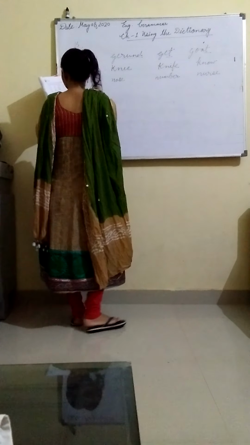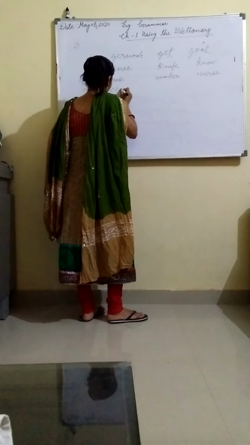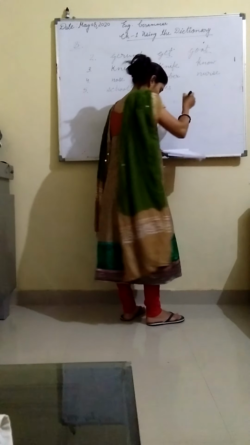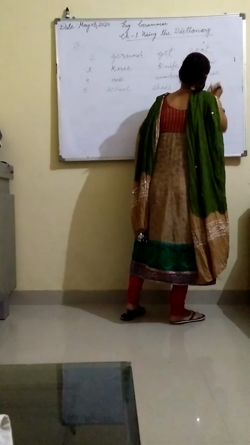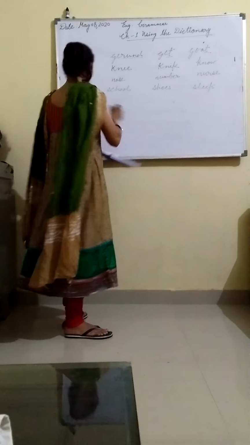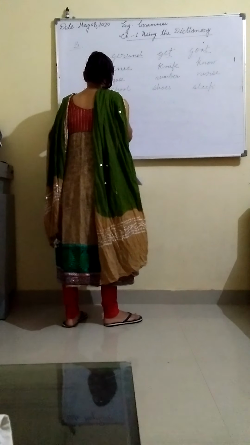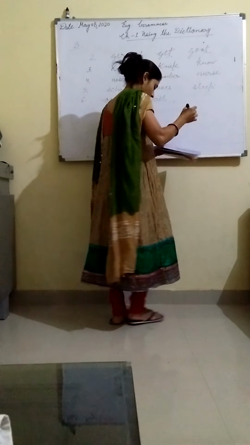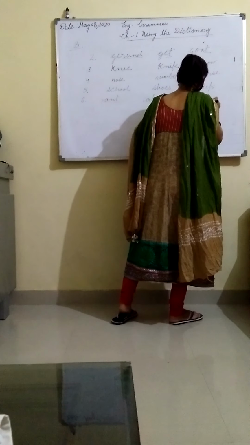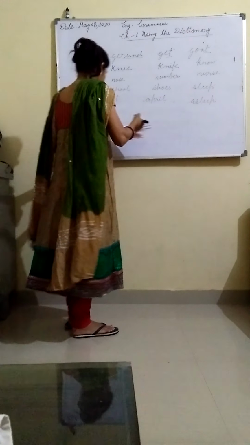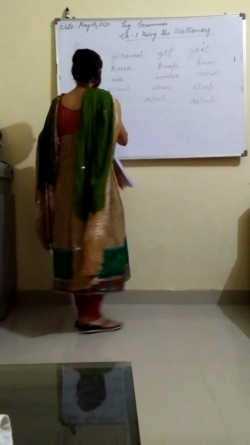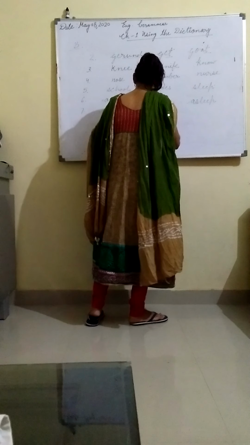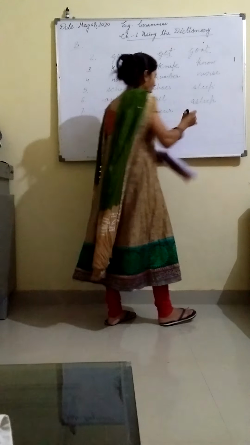Next is number 5. School, shoes, sleep. Sleep you will mention here. Number 6 is aunt, April, asleep. Next is 7, ocean, ochre, oil.